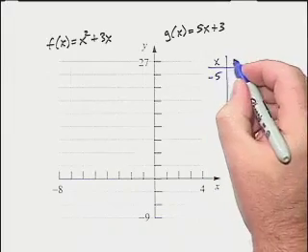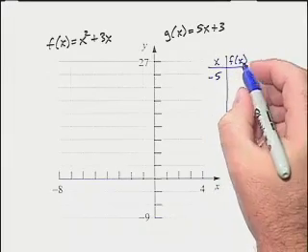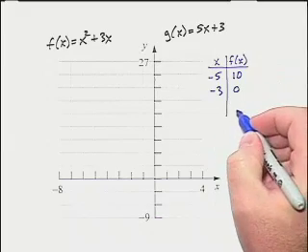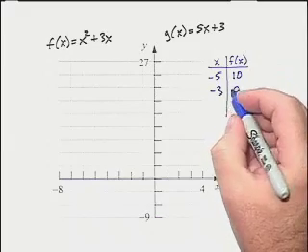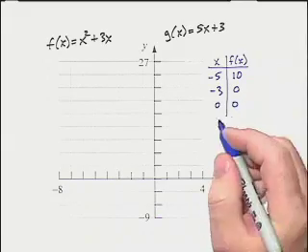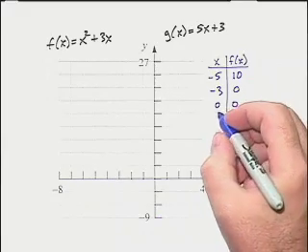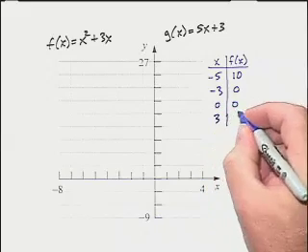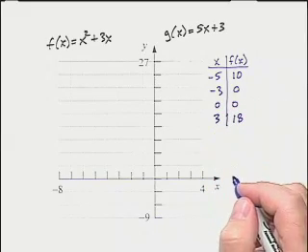If we put in negative 5, f of x is equal to 10. If we put in negative 3, f of x is equal to 0. If we put in 0, f of x is equal to 0. And if we put in, let's say, positive 3, f of x will be 18.